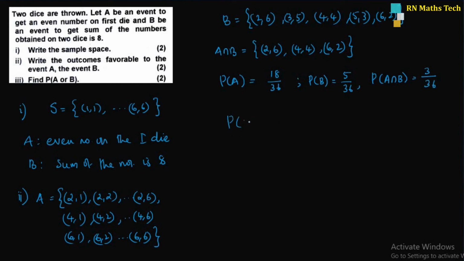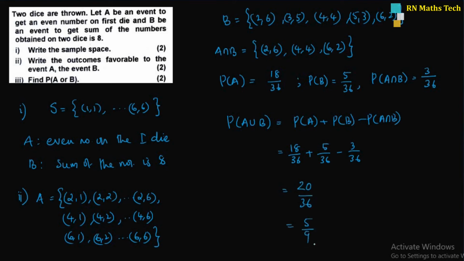P of A or B, P of A union B equals P of A plus P of B minus P of A intersection B, 18 by 36 plus 5 by 36 minus 3 by 36, that is 20 divided by 36. 20 by 36, 5 by 9. Okay.